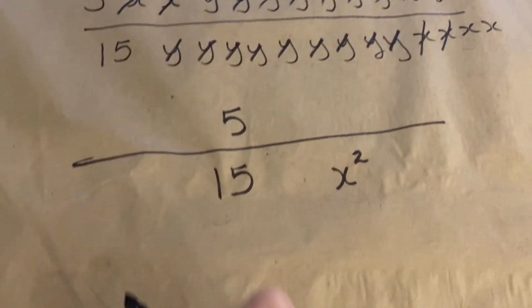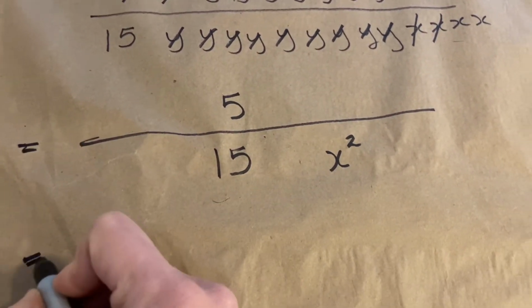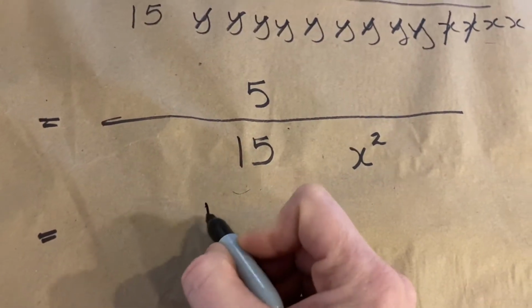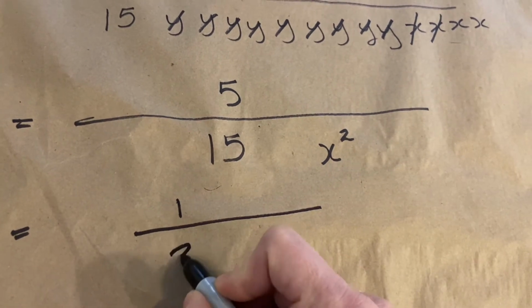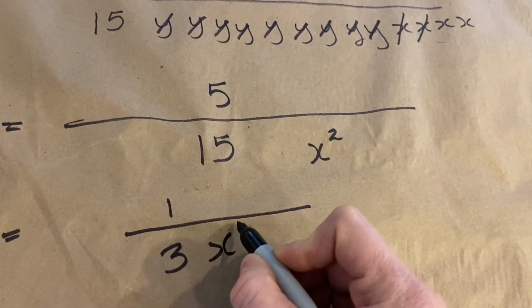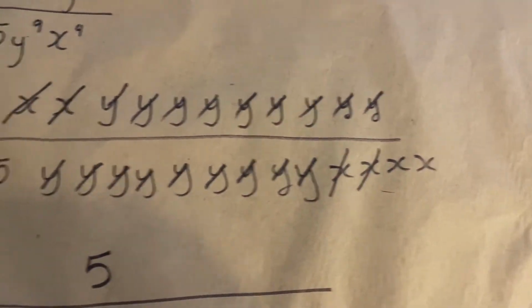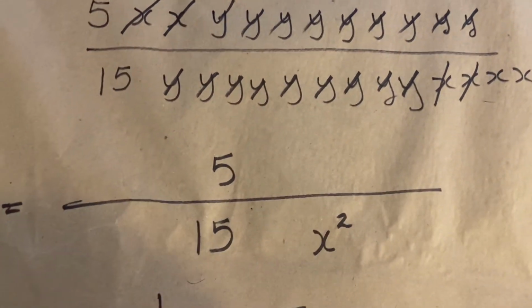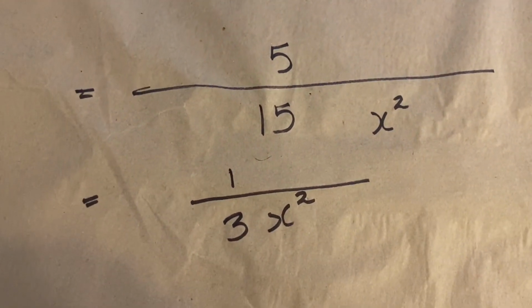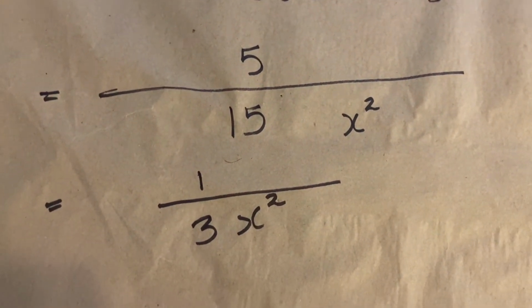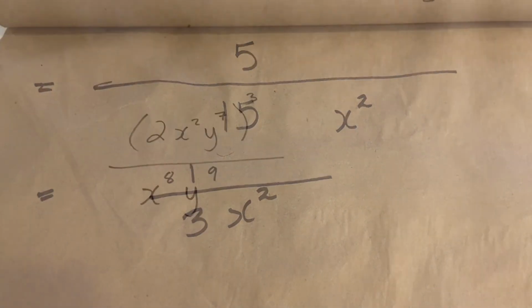So if I wanted to simplify this, on the top I would have a 1 instead of a 5. On the bottom I would have a 3, and I would have an x squared. So I started with this, I expanded it, made it really big, I canceled things out, I reduced my fraction, and I got this answer, which is the simplified answer.